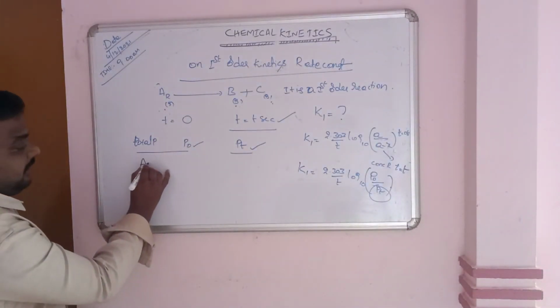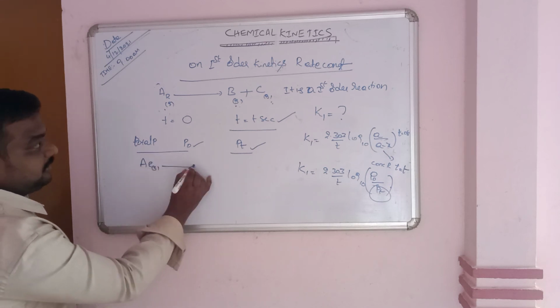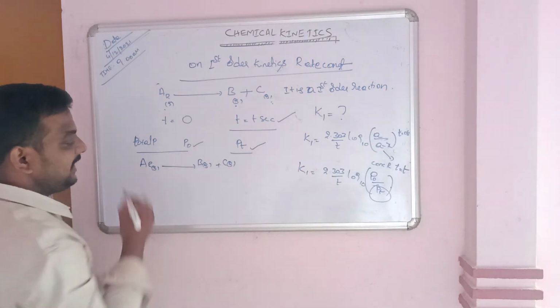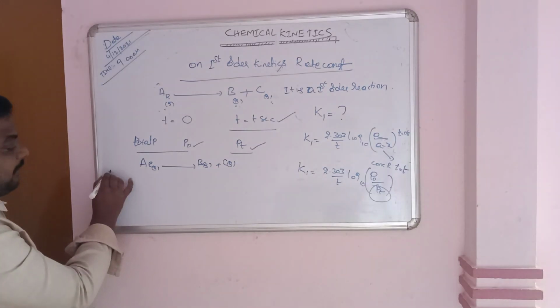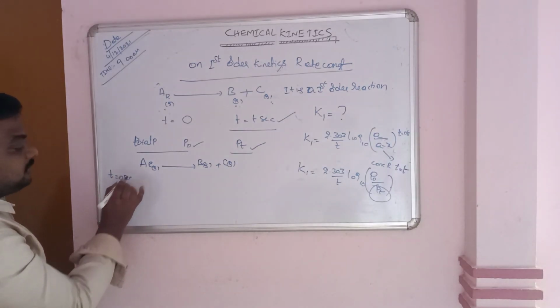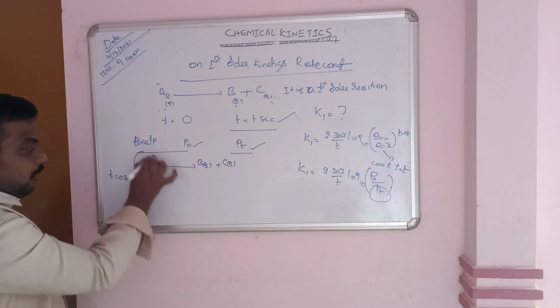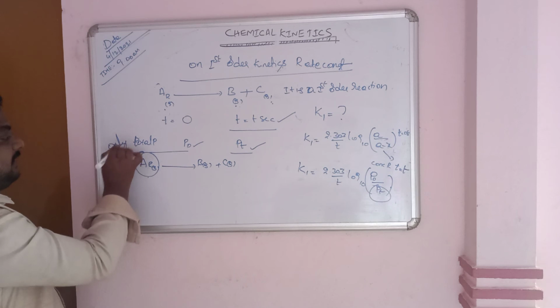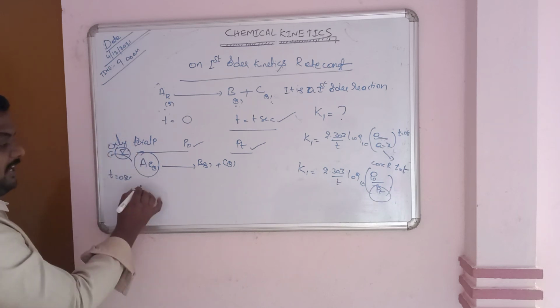First, we take the gaseous reactant giving gaseous product B plus gaseous product C. At initial time, t = 0, there will be only reactants from the starting of the reaction.